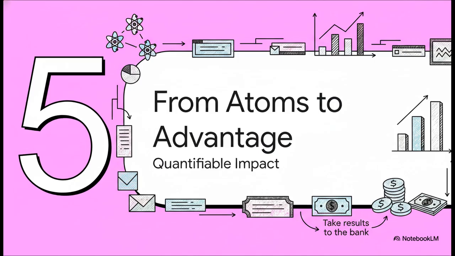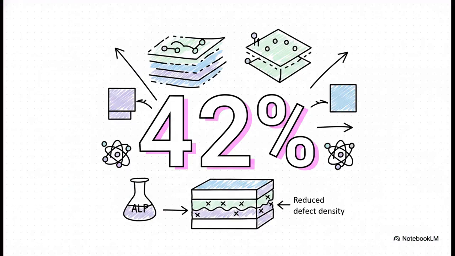Okay, that sounds great in theory, but what does a structural change like that actually get you? Where's the proof? Let's dive into the hard data, the measurable results that really matter to the bottom line. All right, get this. In a real-world case study on MOSCap wafers, ALP slashed that critical DIT metric by a staggering 42%.